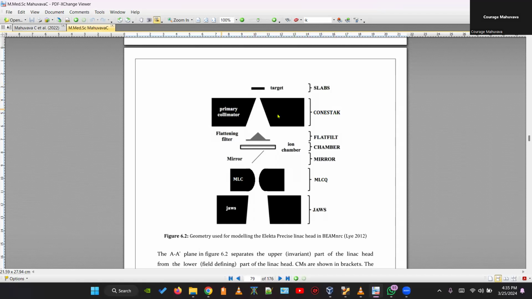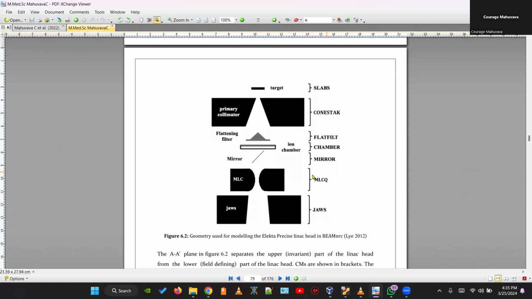CONESTAK can be used to model the primary collimator, right? And then FLATFILT would model the flattening filter. The chamber is for the ionization chamber. The ion chamber is used to monitor or to measure the radiation passing through for monitor unit calculations, right? So you need to do monitor unit calculations for dose QA, for example. MLCs can be used as well.